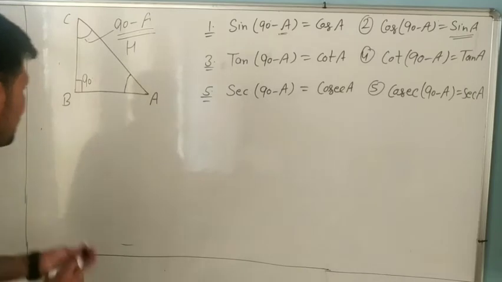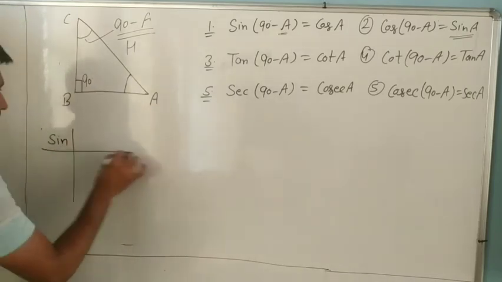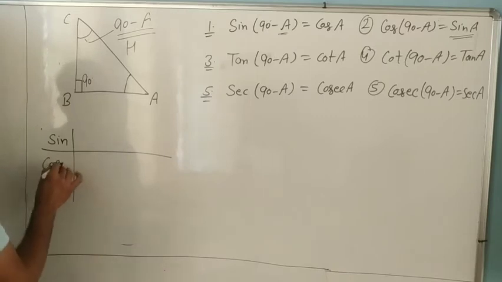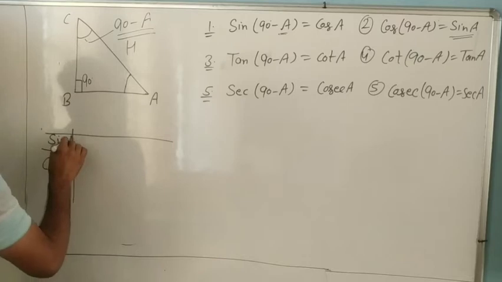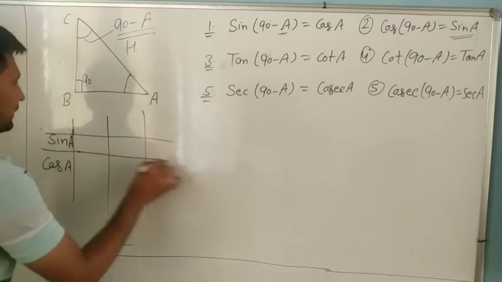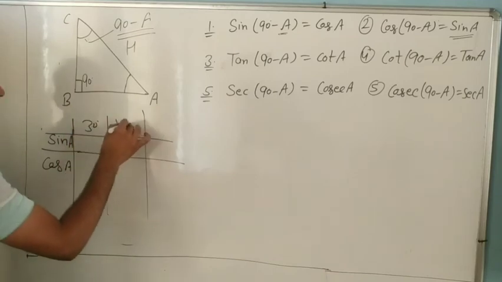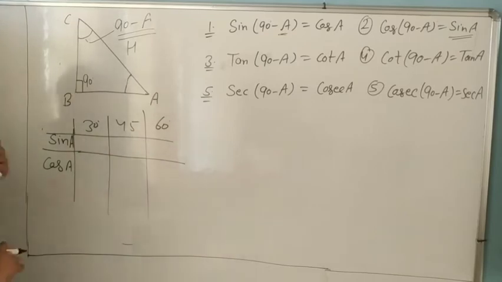Look at, everyone knows sine, cos. Okay dear? And the angle is, suppose, angle sine A, cos A. It's okay. Look at, it is 30, 45, and 60, suppose you know. Okay dear?